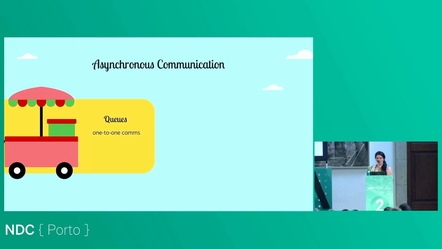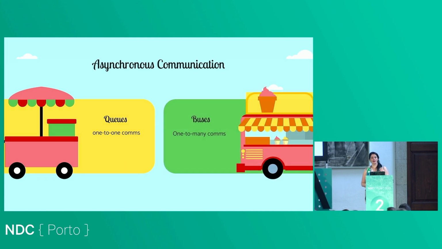Now, asynchronous communication, the other way, is queues and buses. So queues one-to-one, they're not as flexible. Buses are one-to-many. So they're basically the same, but you're going to generally be working with service buses. Now, these are asynchronous because they're not, I mean, they do, but they don't, for the purposes of this. They don't expect a response.